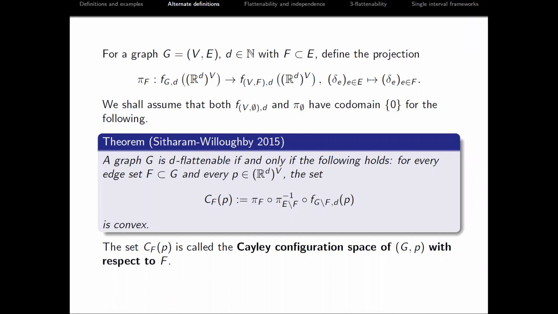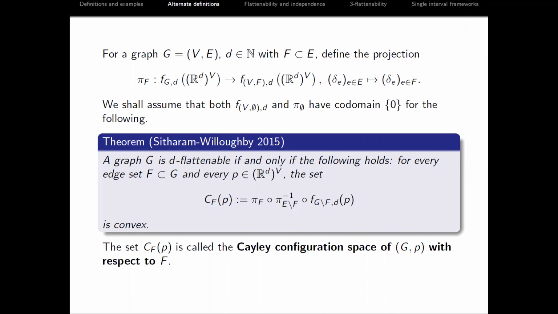If we define the minimum d such that a graph G is d-flattenable, what's the relation with the maximum likelihood threshold of a graph G? Sorry, I missed that.